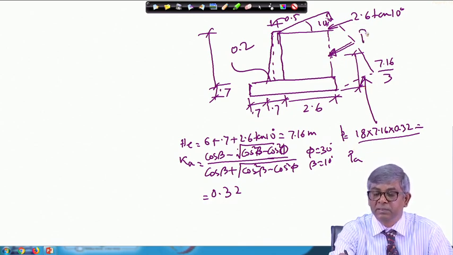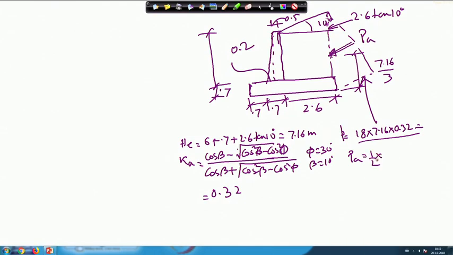So, P A will be half multiplied by again the entire thing, 18 multiplied by 7.16 multiplied by 0.32, multiplied by once again 7.16, because this is base multiplied by half multiplied by height. If you calculate, it comes around 147.64 kilonewton.